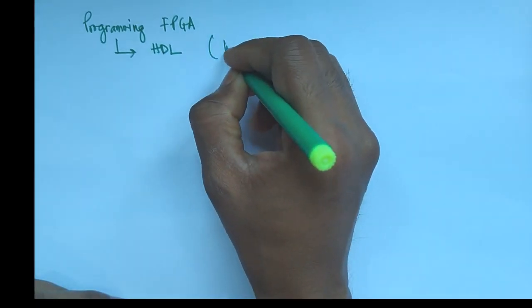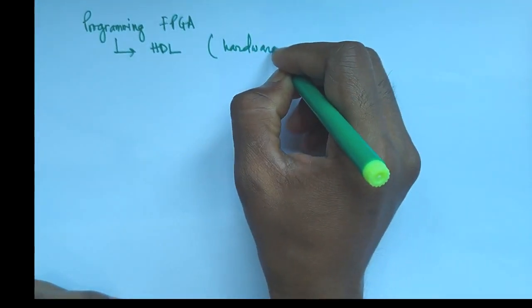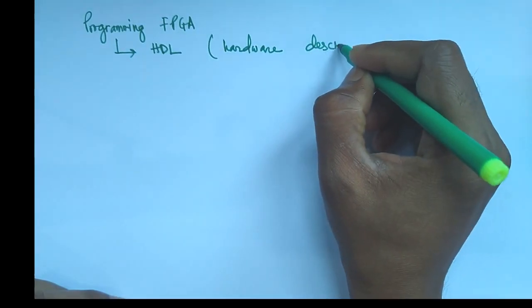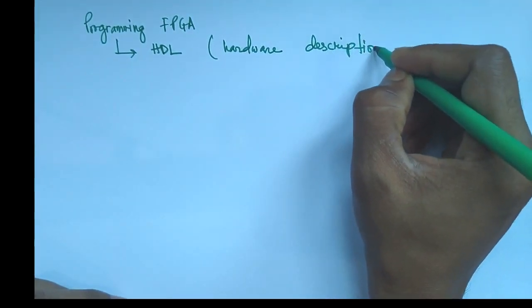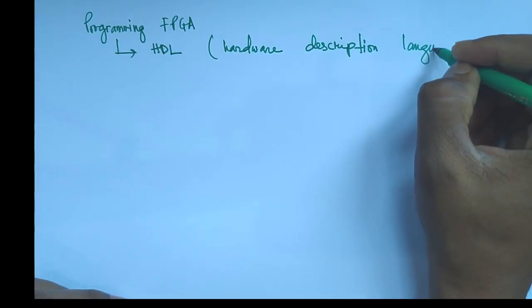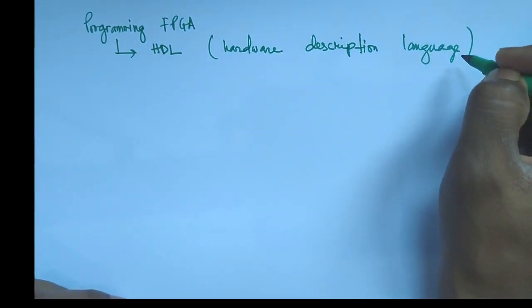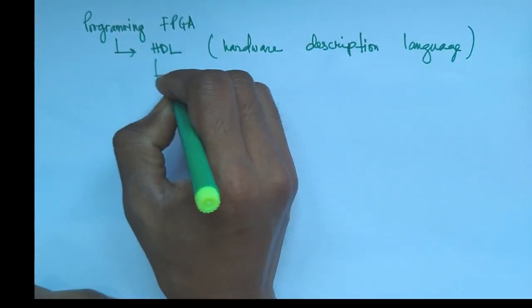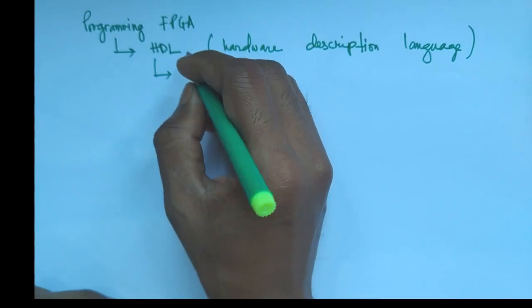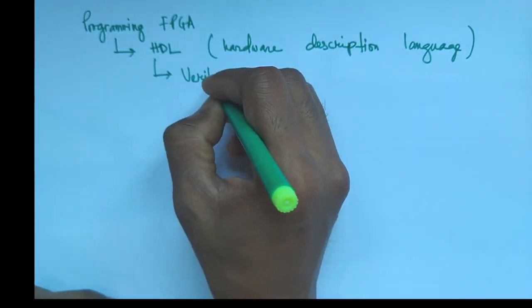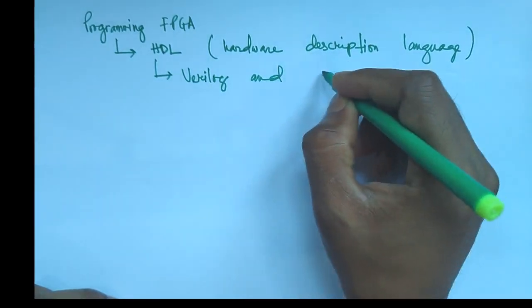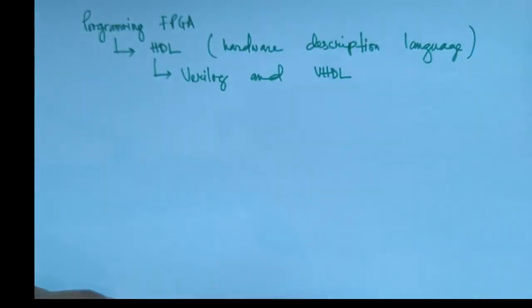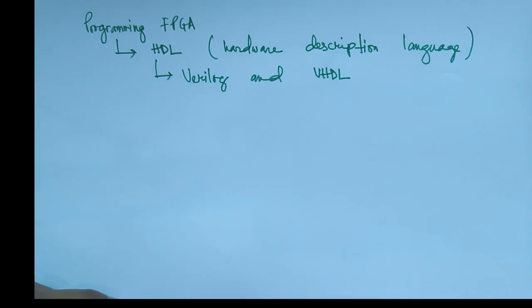HDL stands for hardware description language. Two of the most popular hardware description languages are Verilog and VHDL. We can use either of these two languages to write a program for FPGA.